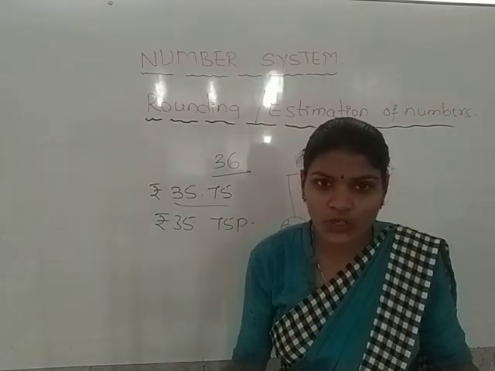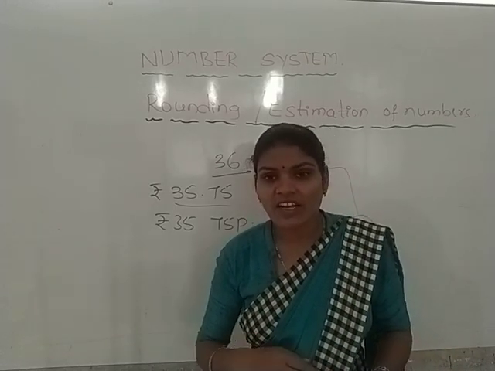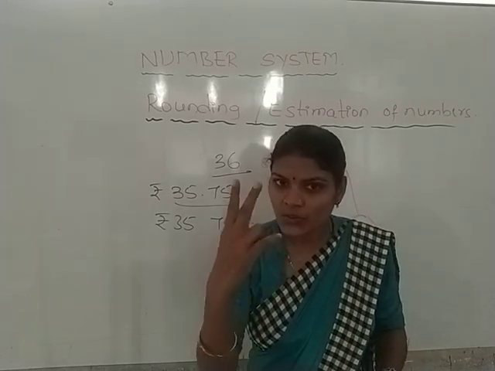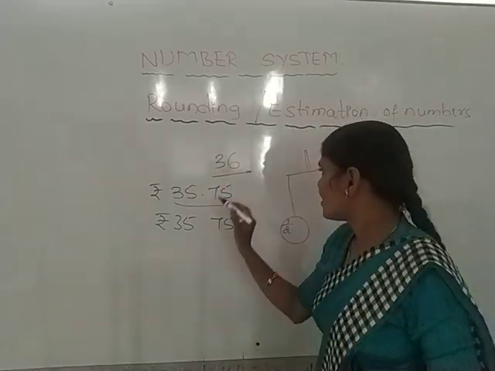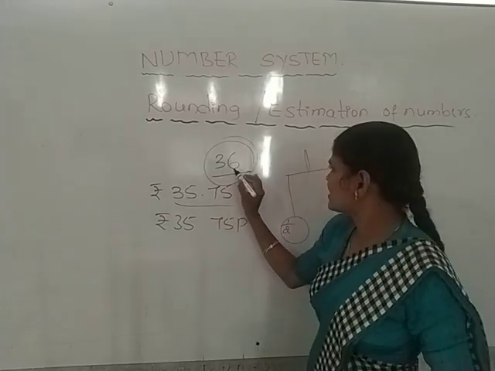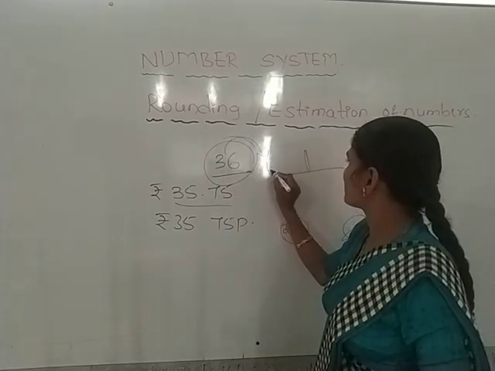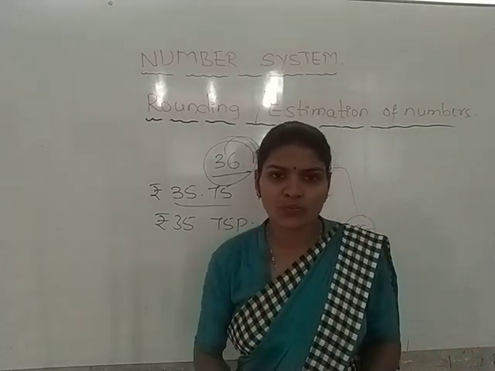Yes, if you have them, you can give. Sometimes if you don't have change, what will you do? You will give two 20 rupee notes or four 10 rupee notes. On an average, you are giving a nearer amount. This 36 is very close to what? 40. Yes, you will give 40 rupees, then you will get back 4 rupees.